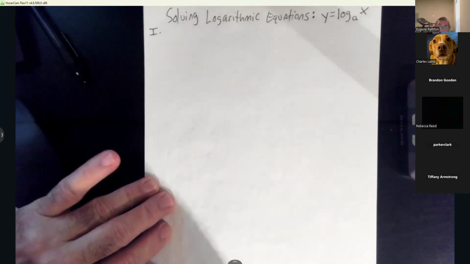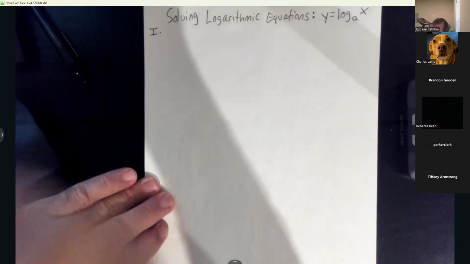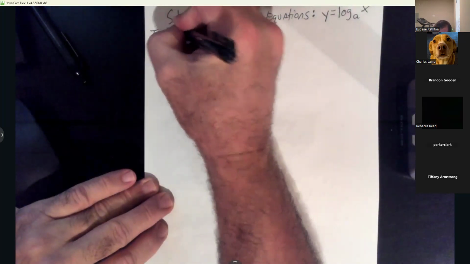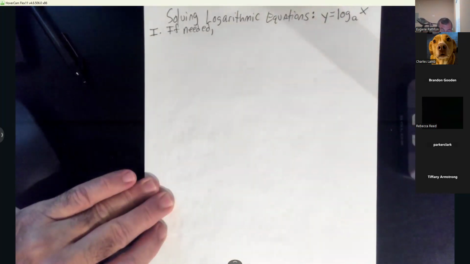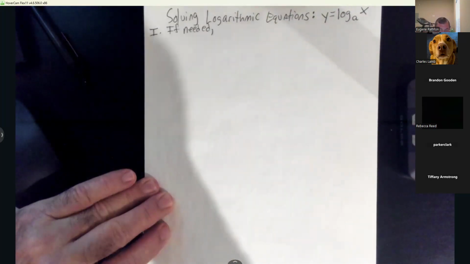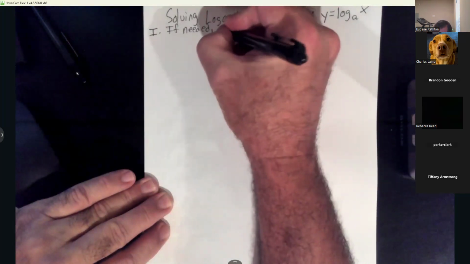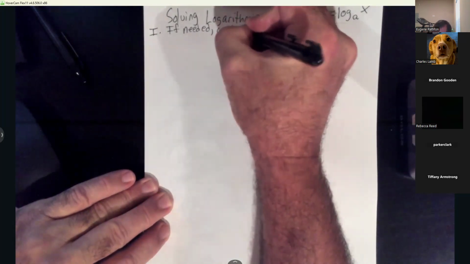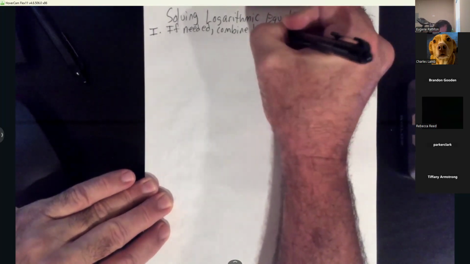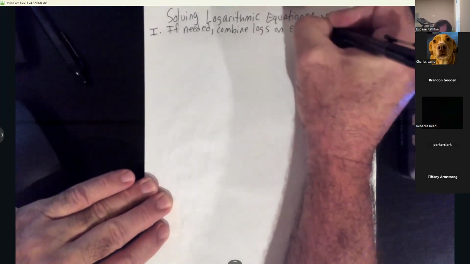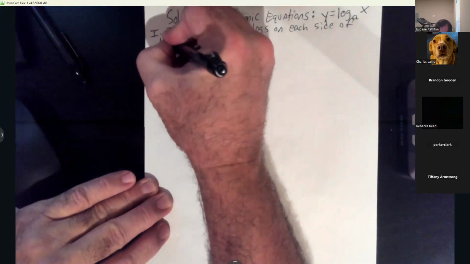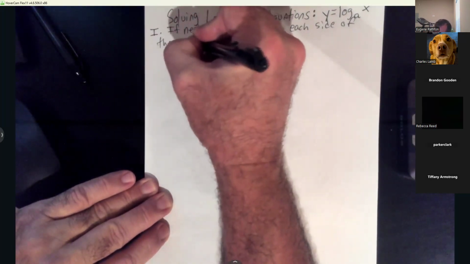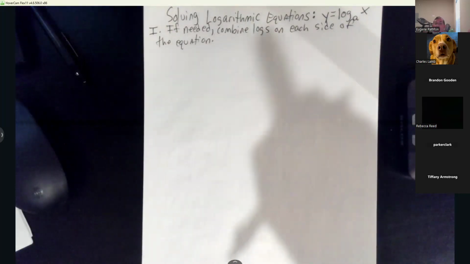All right, so first step, if needed. Combine logs on each side of the equation. Now, that's on each side of the equation.